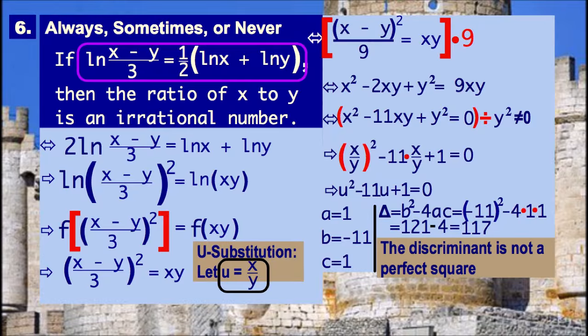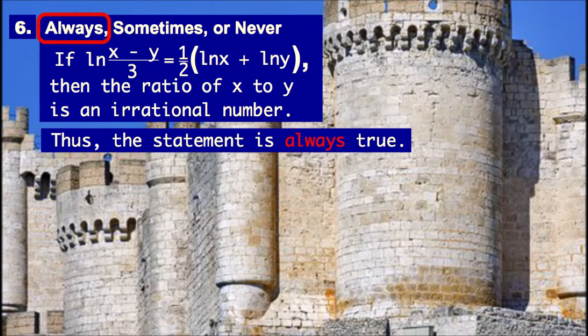The discriminant is not a perfect square. Thus, u1 and u2 are irrational numbers. Therefore, the ratio of x to y is an irrational number because u represented that ratio. Thus, the statement is always true.